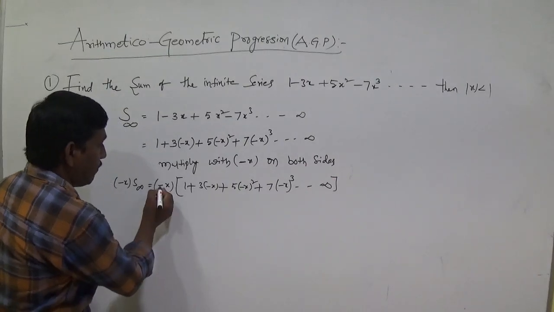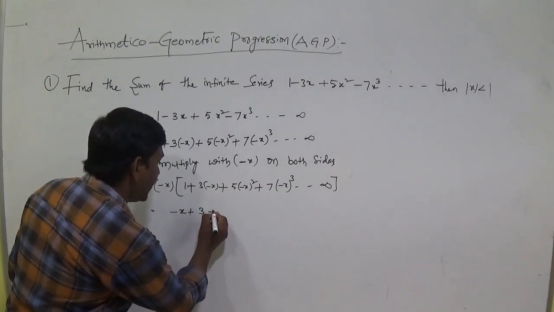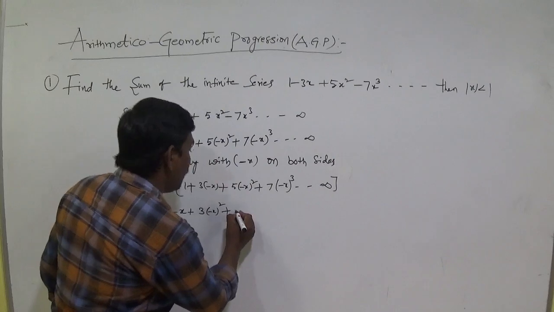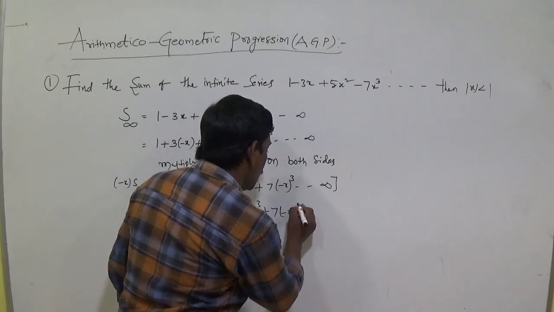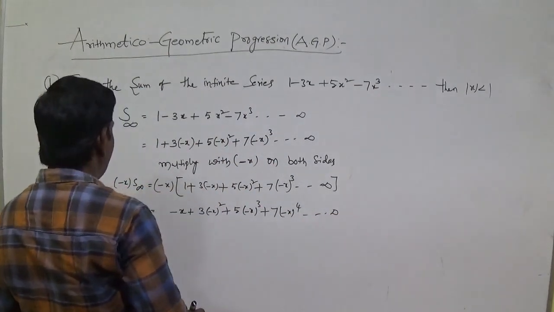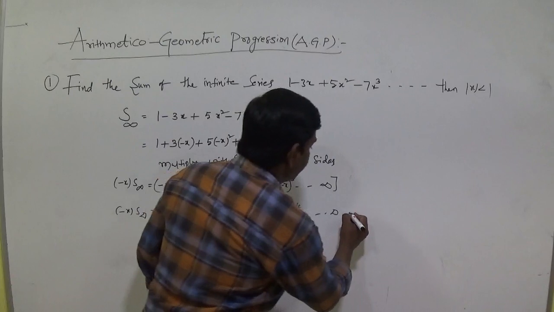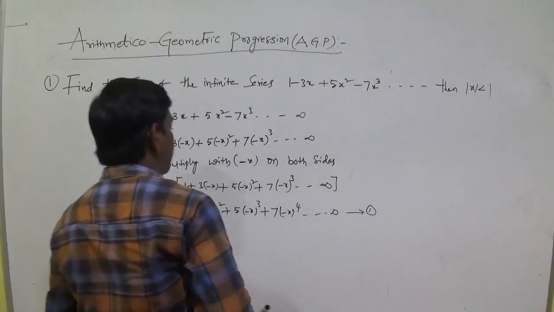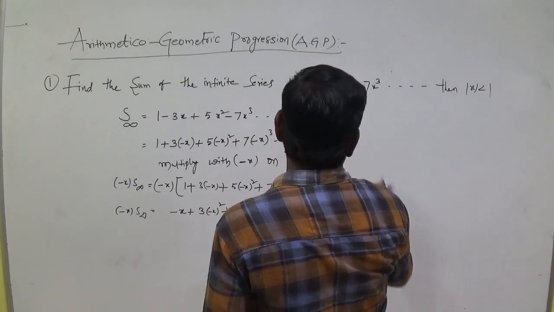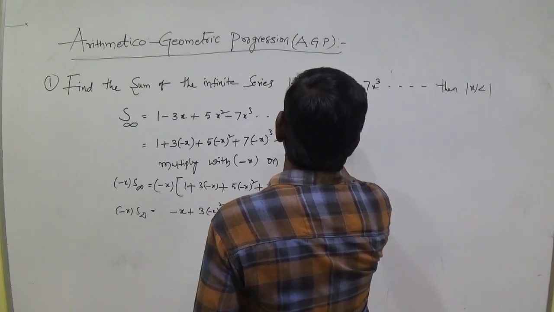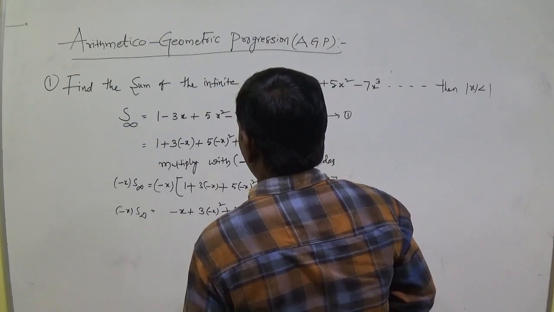So multiplying minus x, we get minus x plus 3 into minus x whole square plus 5 into minus x whole cube plus 7 into minus x whole power 4, to infinity. This is equation 1, this is equation 2.